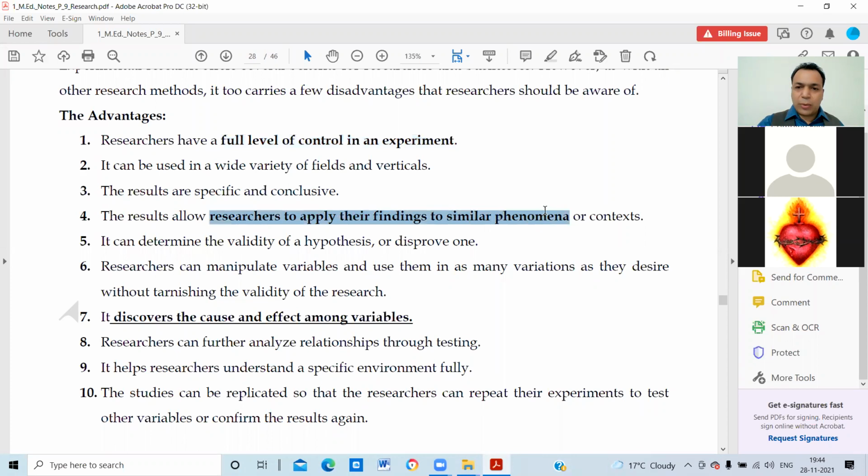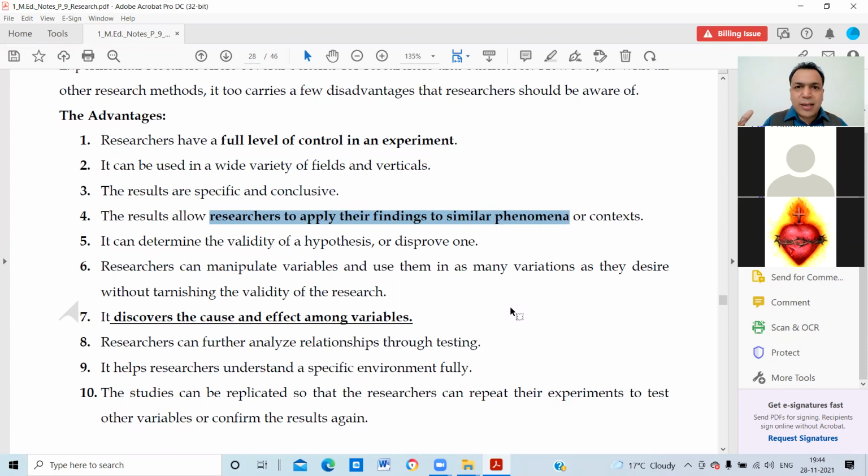Okay, fourth, understand this: the results of experimental research can be applied to similar phenomena. Now what happened? Two, three, four variants of the coronavirus came. We come to know about the first vaccine for the first variant. Then the second variant came in the world.